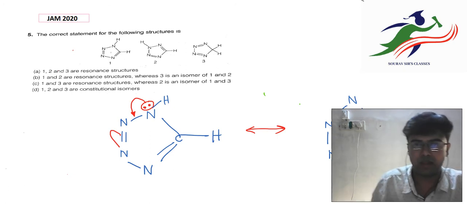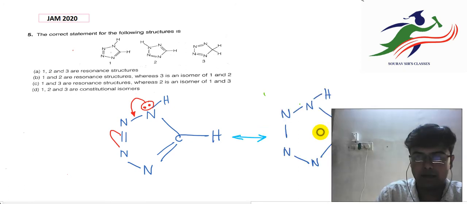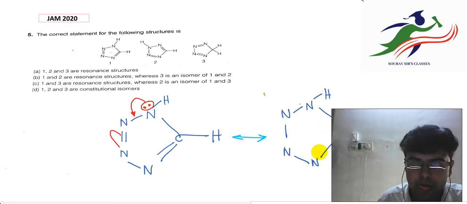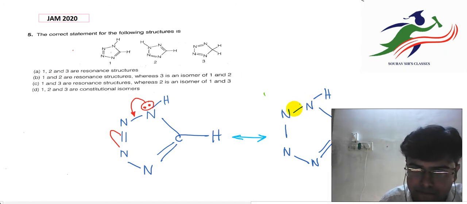Now this comes over here, so it will have a plus charge, and since this pi bond has migrated to this nitrogen atom, it will have a minus charge over here.